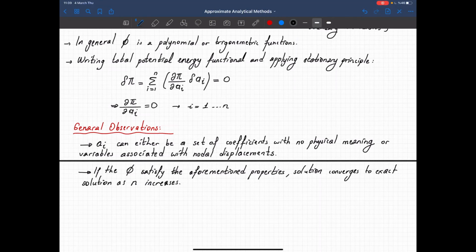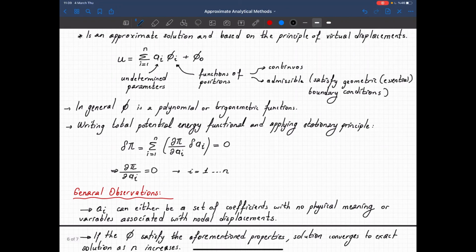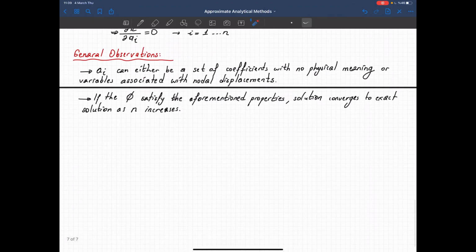Because if we add more variables, more a to this function, it will increase the accuracy of the solution. All right? And final observation.